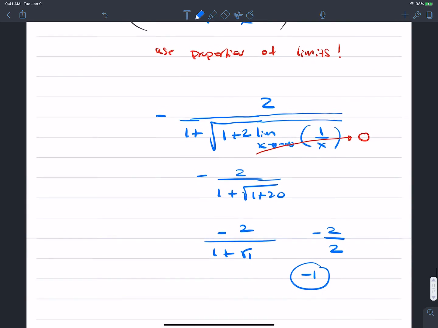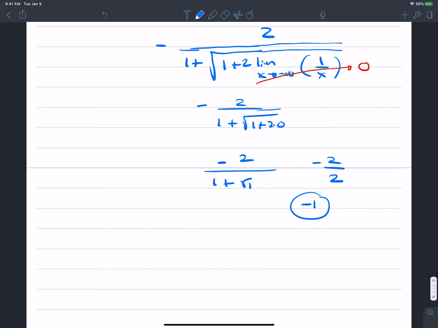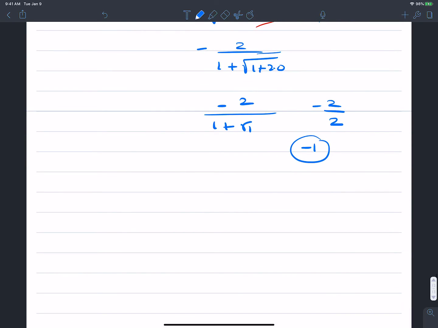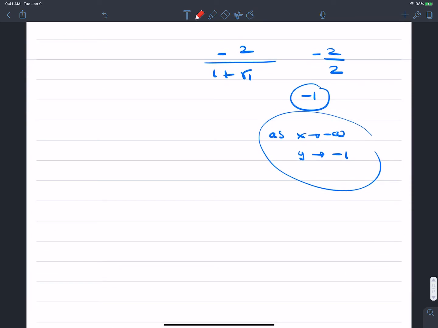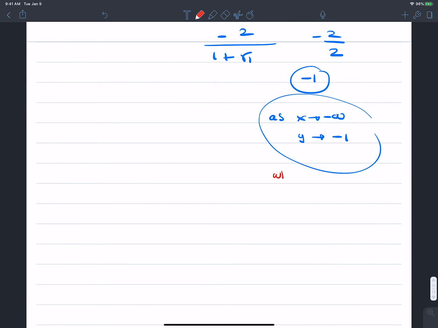So in conclusion, you say, well, what does this mean? This means this. As x goes to negative infinity, y goes to what? Negative 1. What does that actually mean? Do you guys know? Anybody know what this means? Let's write that down again. What's the whole idea behind these limits?